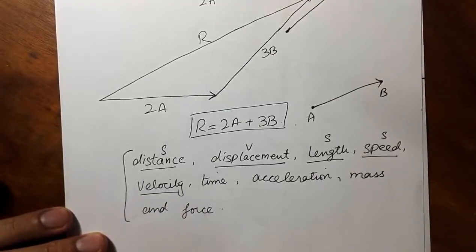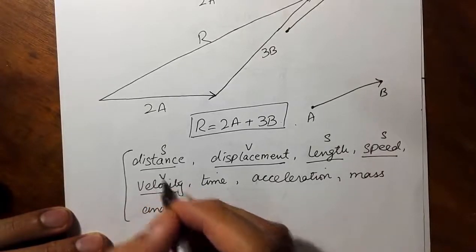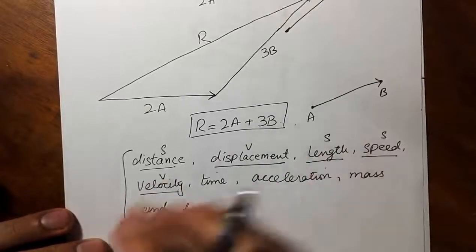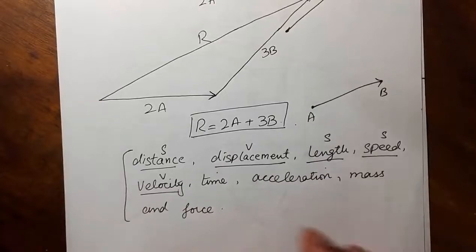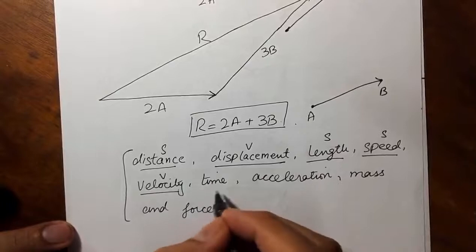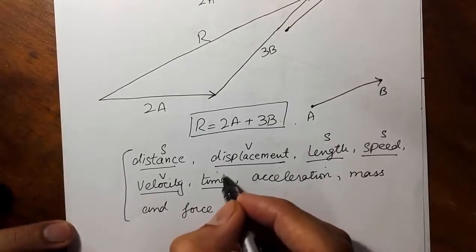Rate of change of displacement is basically velocity. As displacement is a vector, velocity will also be a vector quantity. I'll tell you a formula to determine whether a quantity is scalar or vector after sorting out these physical quantities. Okay. Next is time. Time has no direction, but it has magnitude, so time is a scalar quantity.